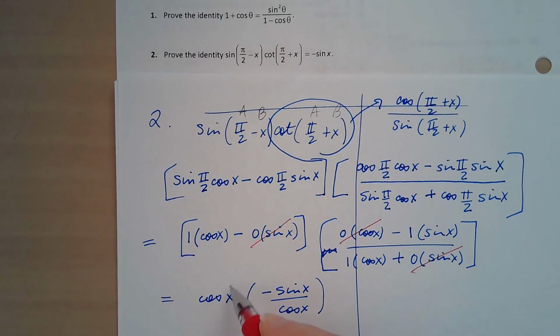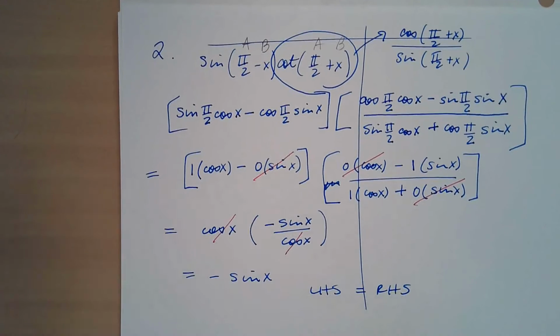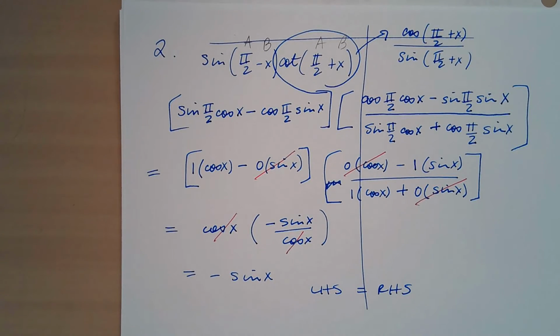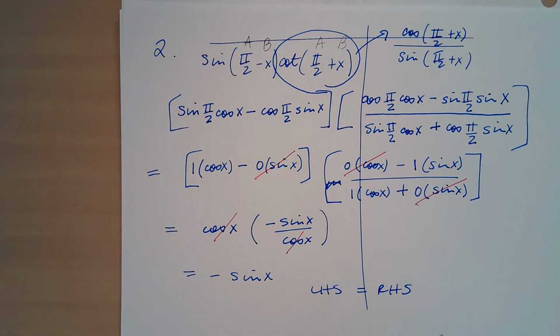And the coses of x cancel, and I get my minus sine x, left-hand side equals right-hand side. So that's just one where you just have to keep powering through, right? And because they gave you pi on 2 as a value, you know that the coefficients of pi on 2 for sine and cos are zeros and ones. That really simplifies things a lot.